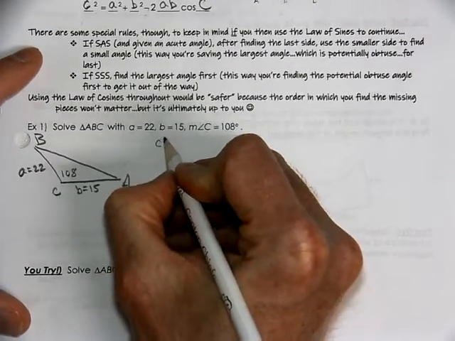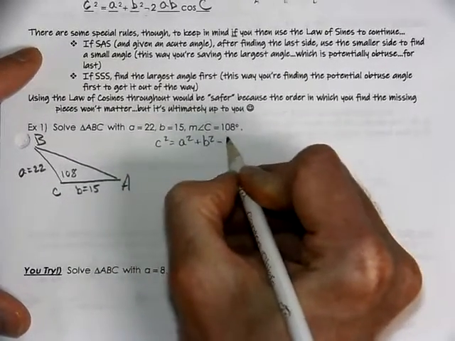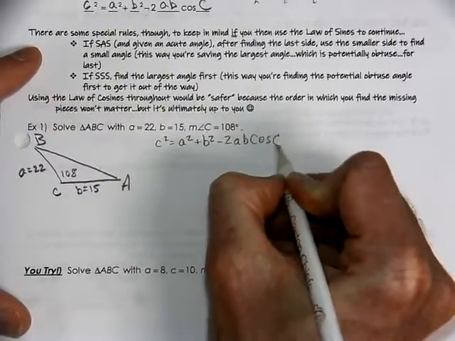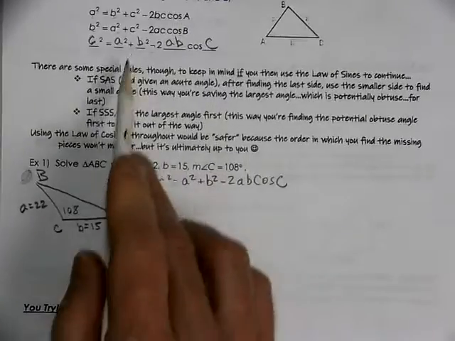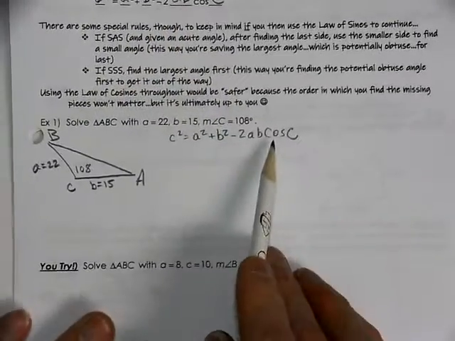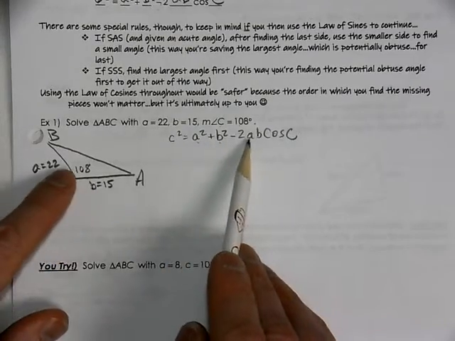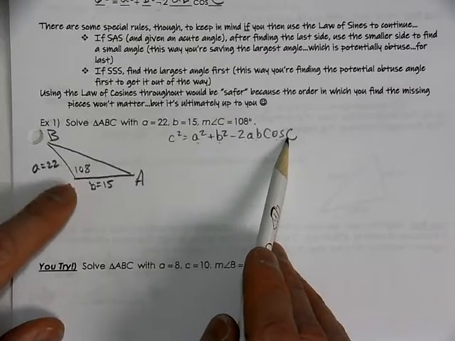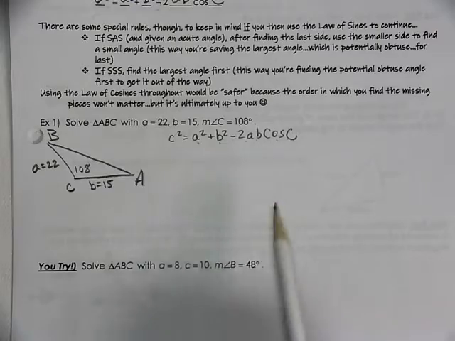So we're going to start with C squared equals A squared plus B squared minus 2 times AB cosine C. Why am I using that as one of my three options from up here? Is because we have the A side, we have the B side, and I have the angle value. So I have all the necessary values.